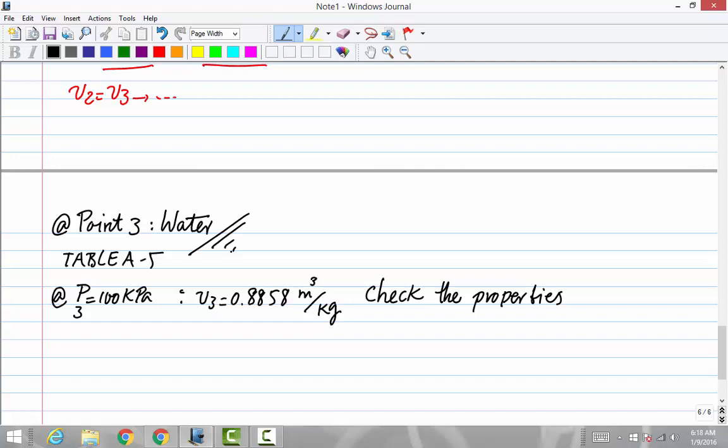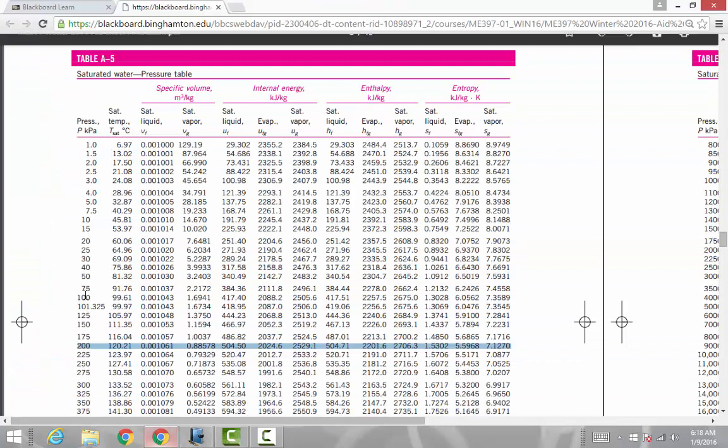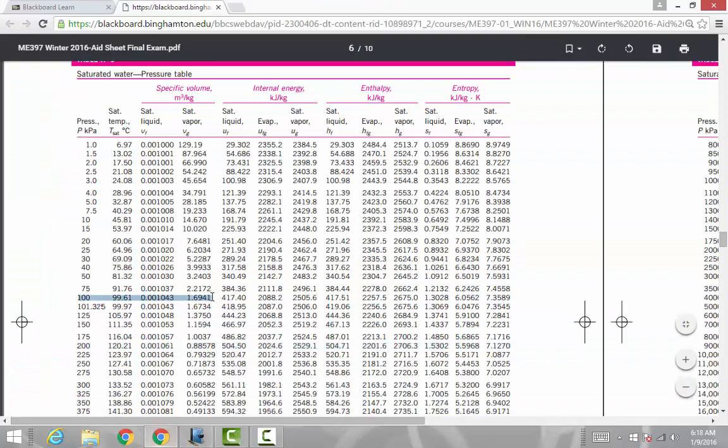So if I check the values for saturated liquid and saturated vapor specific volume, v_f and v_g, at 100 kPa, they are 0.001043 and 1.6941, and the units are meters cubed per kilogram.